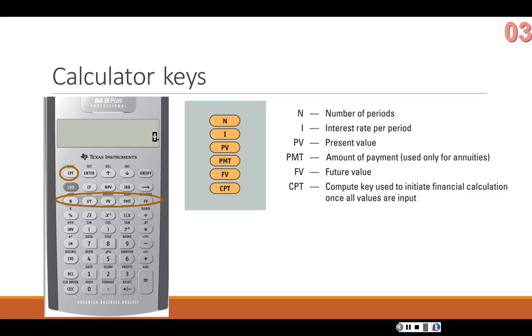I is the interest rate. PV is the present value. Payment is the amount of payment. In the beginning here, we're not going to be using the payment button. That comes later on in this chapter. FV is future value. And compute allows you to compute which variable of interest that you're looking at in the particular problem.